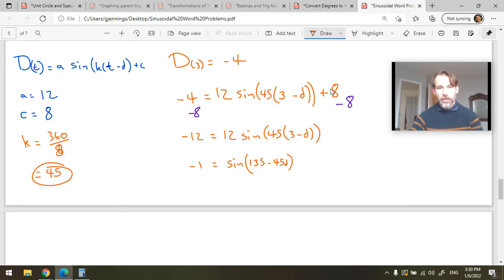There it is. I find that 270 equals this, 135 minus 45d. Subtract 135 from both sides. This is double 135, so I have 135 is equal to negative 45d.